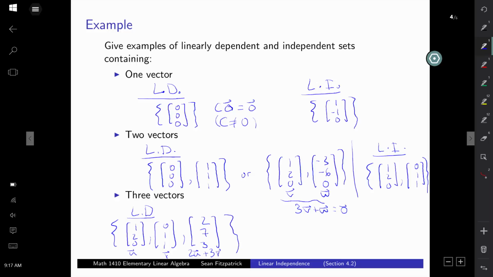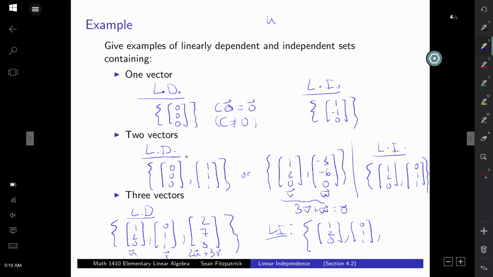Right? All three vectors lie in the same plane. For a linearly independent set, you have to find three vectors that don't all lie in the same plane. One option might be to take the cross product of those first two vectors. That gives you something you're guaranteed is orthogonal to the ones that you put in. So we could do that. We could do (1, 2, 0), (0, 1, 1), and let's do it up here.